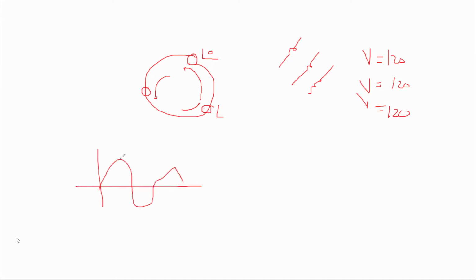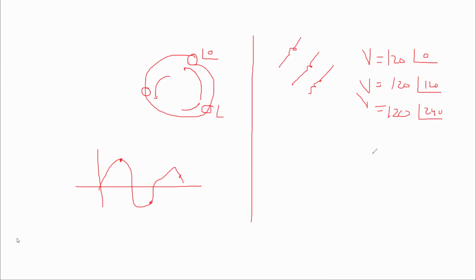So this is where the first coil is, this is where the second coil is, maybe this is where the third coil is. So they're not going to see the same thing. What happens here is it will take about 120 degrees here, and 120 degrees here. The point we're looking for is that if the first voltage has an angle of 0, the other one will have 120, the third one will have 240.